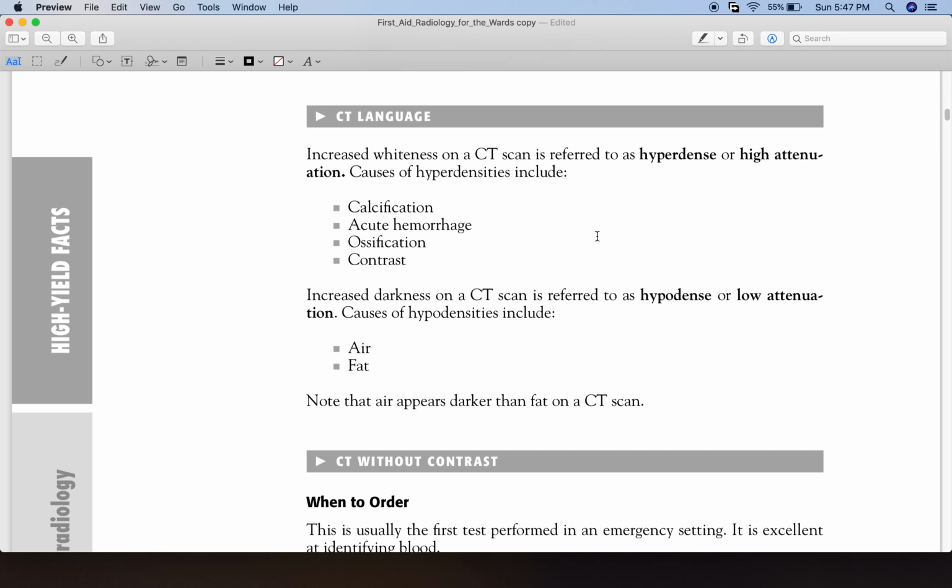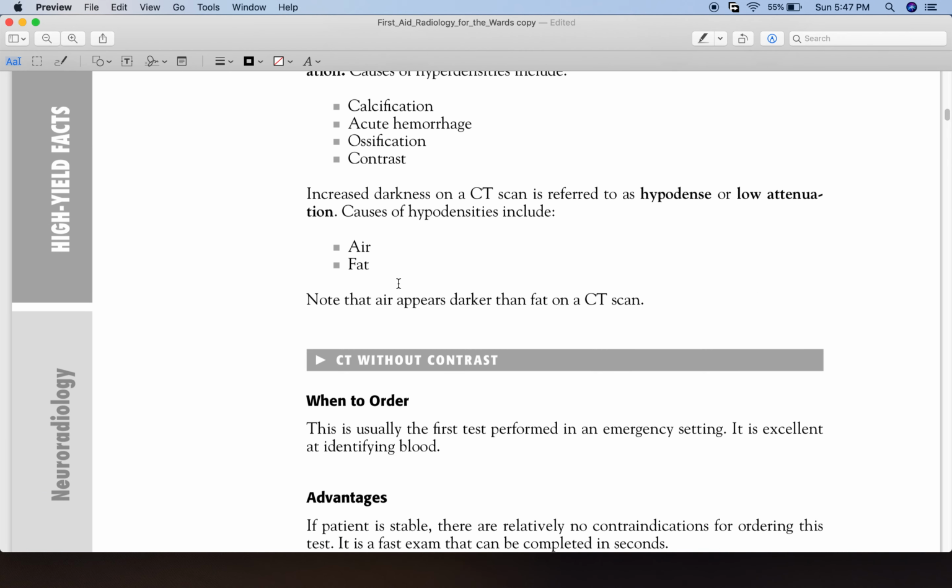They are going to look white because calcification, hemorrhage and ossification, which is, by the way, the same as calcification, all these four things have high Z material. The substance has a high molecular weight, which makes it white on ionizing radiation.